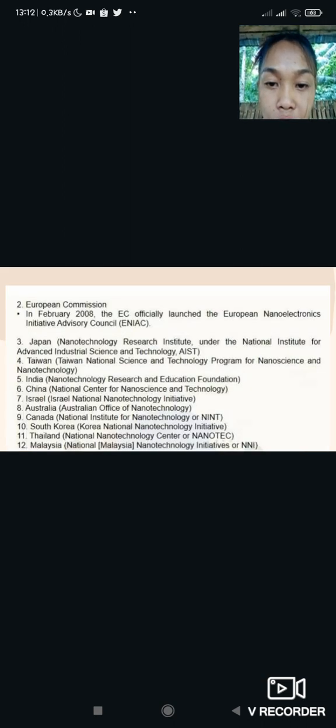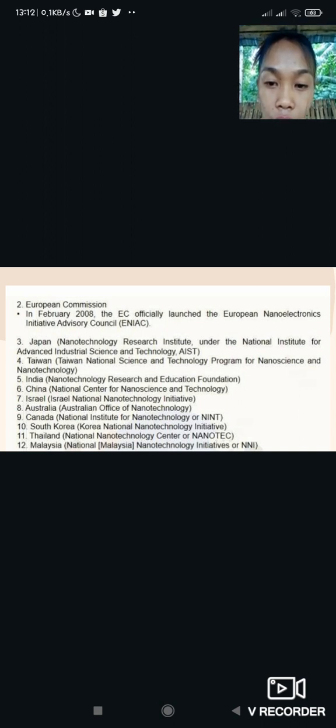Second, the European Commission. In February 2008, the EC officially launched the European Nanoelectronics Initiative Advisory Council, or ENIAC. Third, Japan. Nanotechnology Research Institute under the National Institute for Advanced Industrial Science and Technology, AIST.